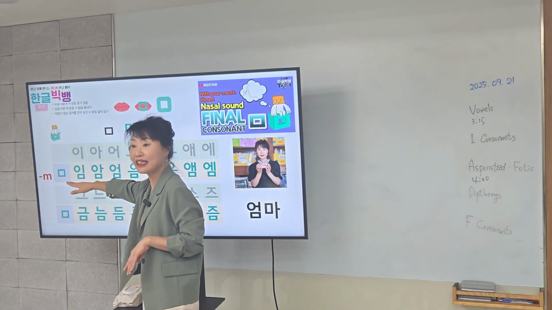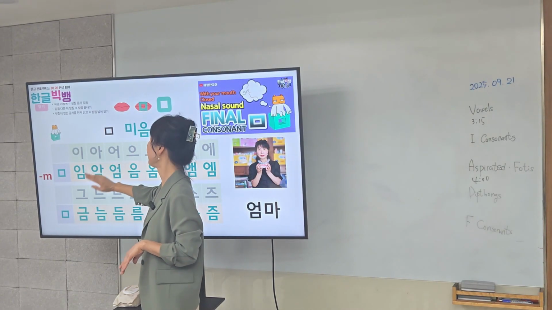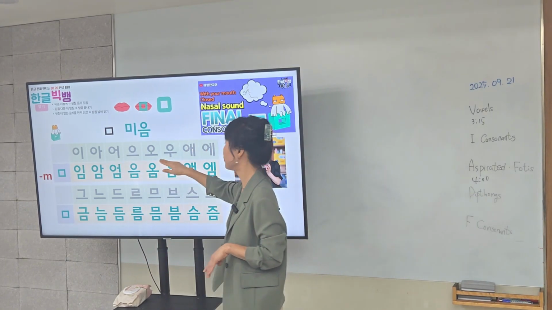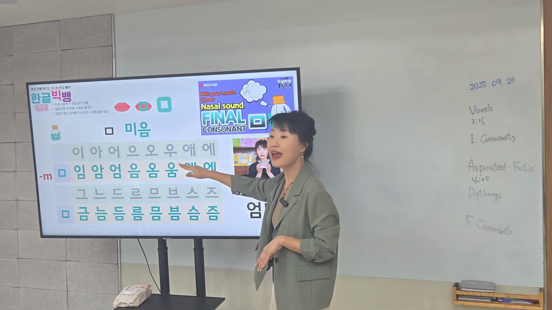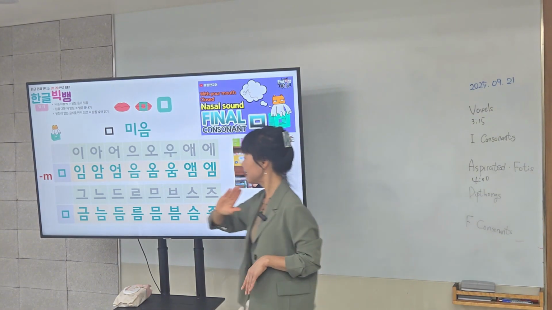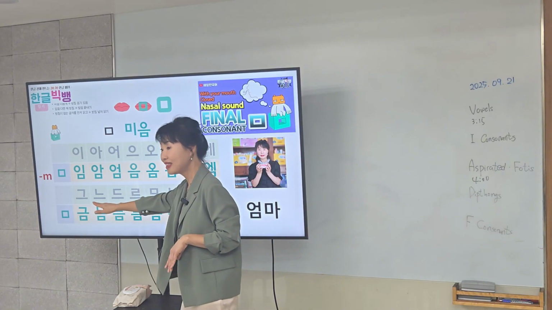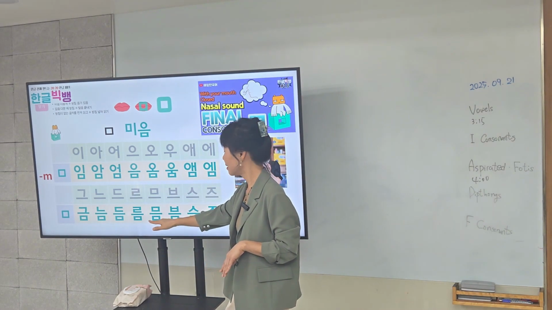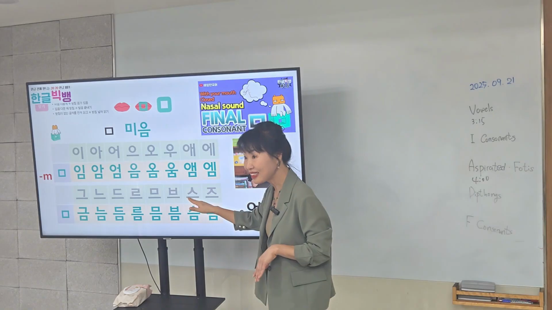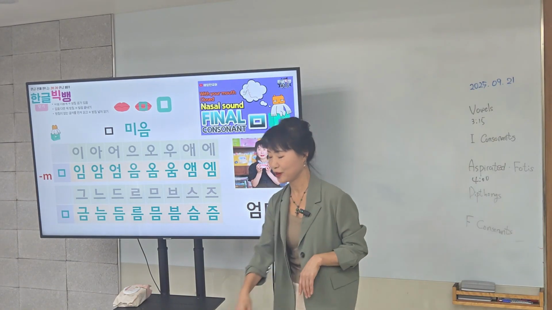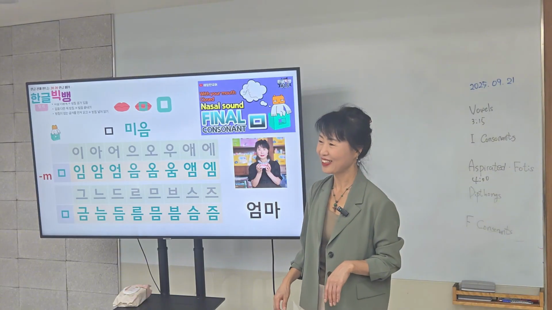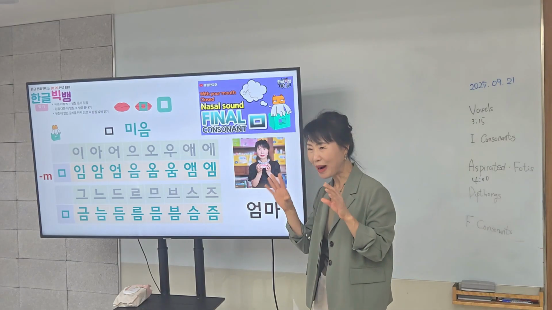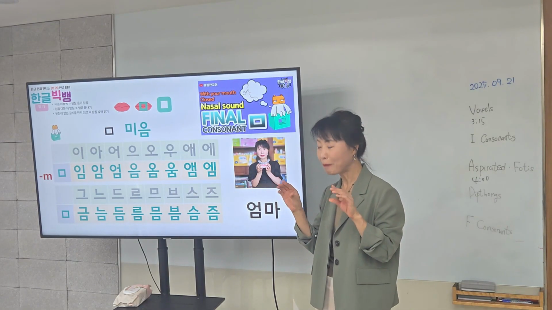So, i, im, a, am, o, om, u, um, eu, eum, okay? Geum, neum, deu, reu, mu, beu, seu, jeu, jeum. Good. So, eomma. A lot of foreigners say eomma like this, but eomma. Close your mouth. Eomma.